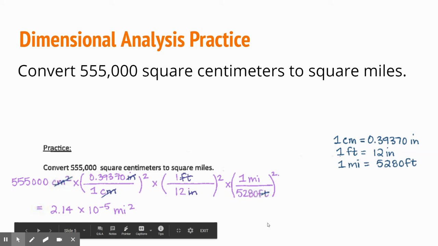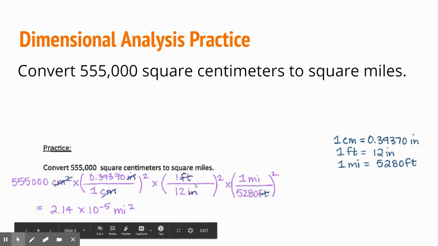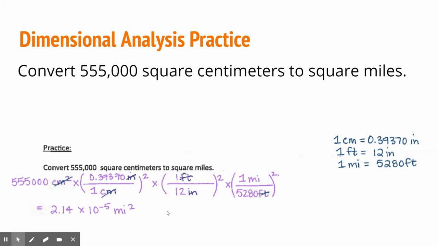Know that this means that I square, because the square is on the outside of the parentheses, I square both the numerator and the denominator. So remember last time when I would type this into my calculator, I would take 555,000 times 0.39370 squared equals, and divide that by 12 squared times 5,280 squared, and I would come up with 2.14 times 10 to the minus 5th miles squared.